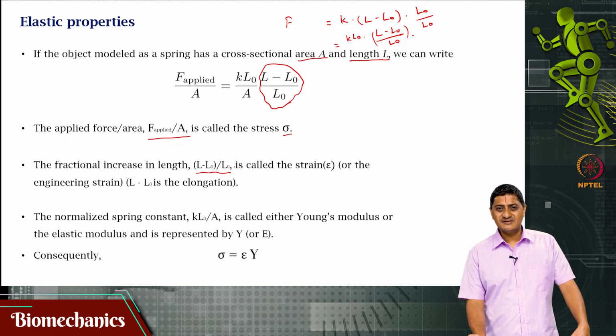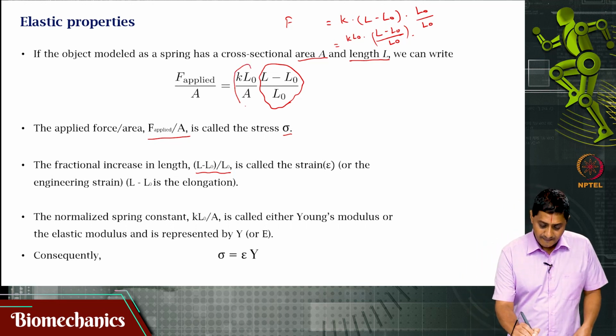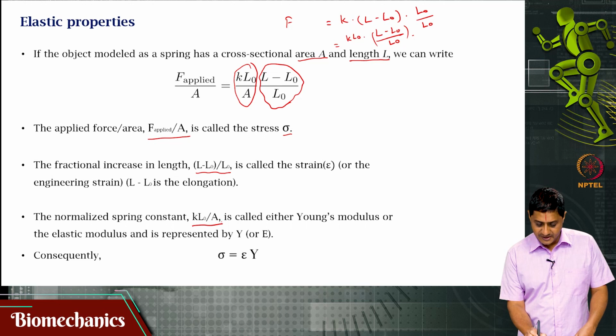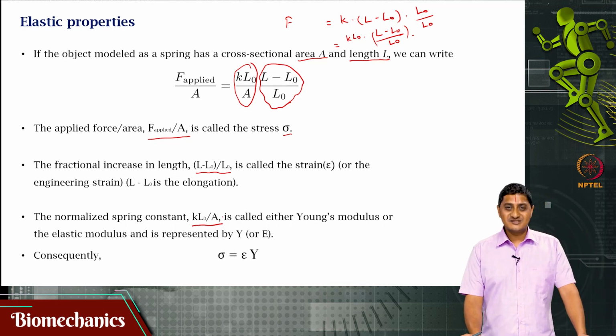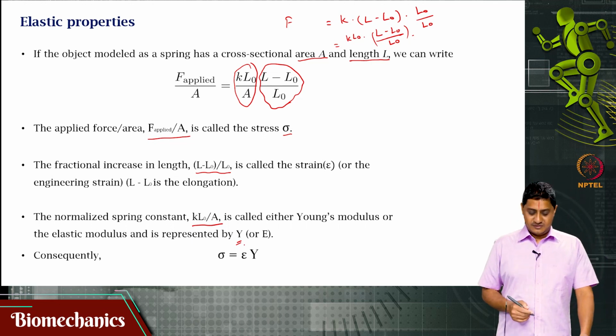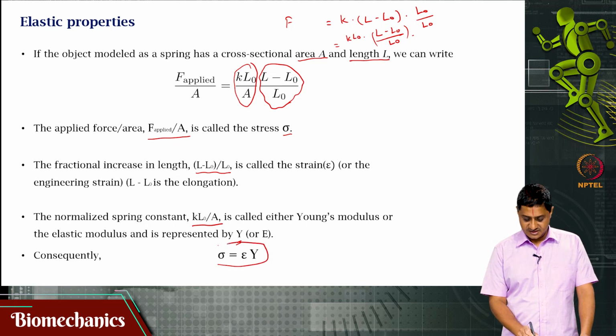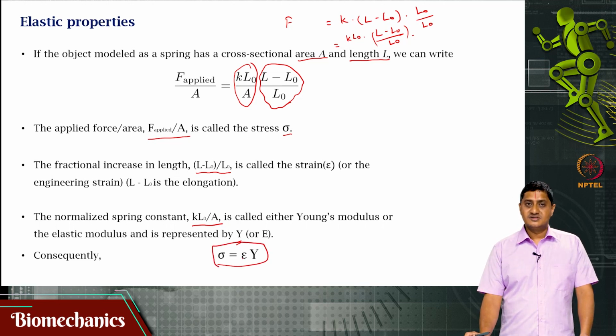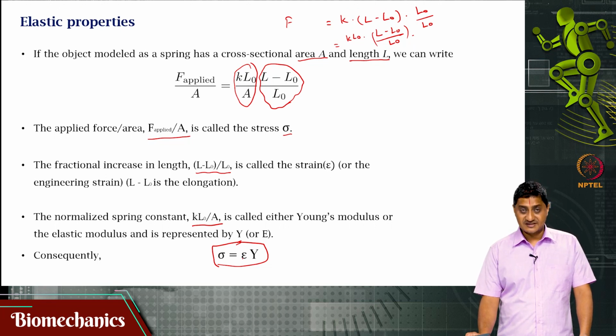L minus L naught itself is the deformation or the elongation. What is this then? k L naught by A is the normalized spring constant that is called Young's modulus or elastic modulus. It is represented by Y. Because of this, you have this relationship between stress and strain, which is sigma equals epsilon Y, where sigma is the stress, epsilon is the strain, and Y is the Young's modulus or the elastic modulus.